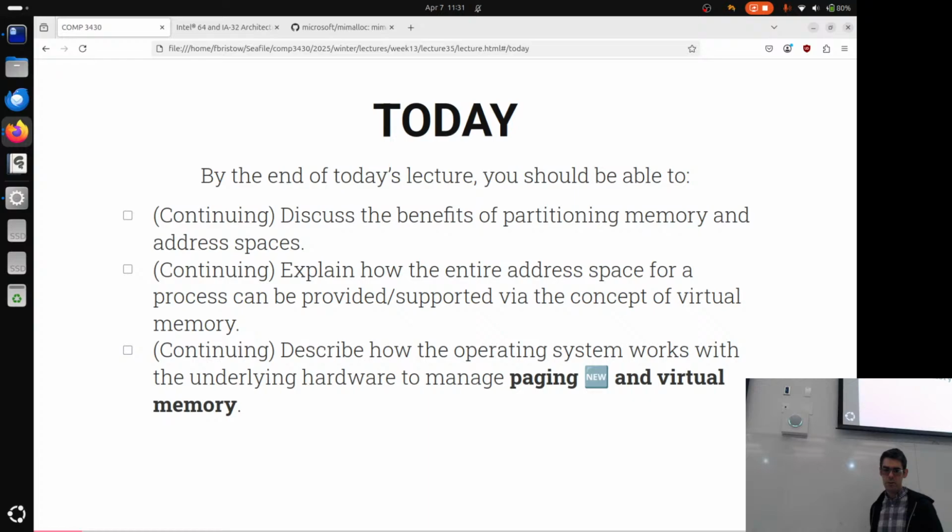Related to that, I want you to be able to explain how the entire address space for a process can be supported via the concept of virtual memory. One of the pictures that we're going to draw today represents our virtual address space, and compared to our physical address space, it is immense.